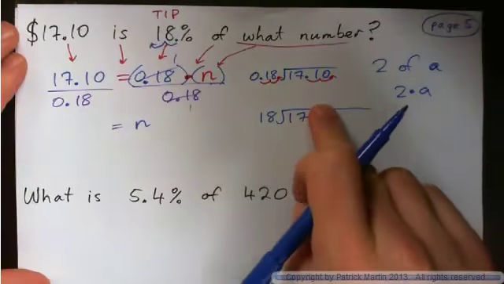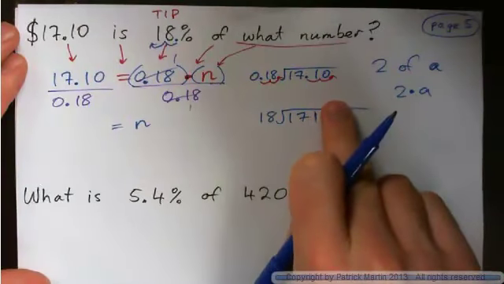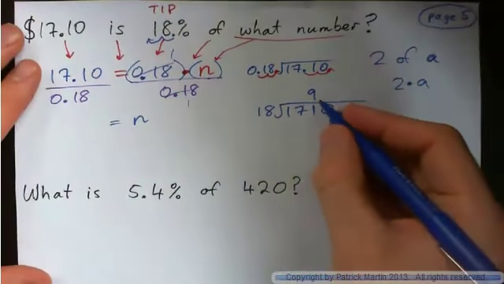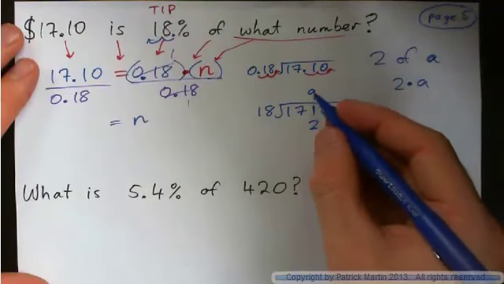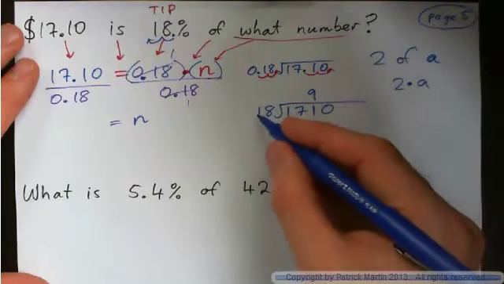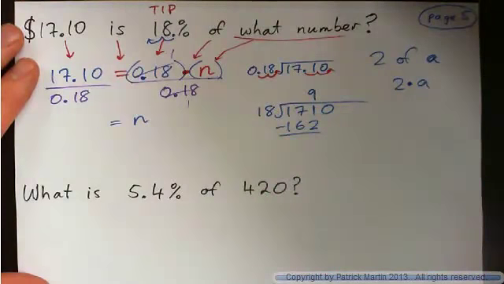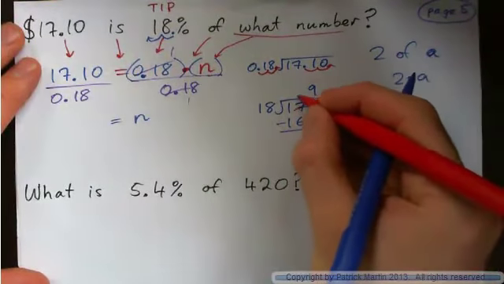18 into 17 won't go. 18 into 171. I'm going to try 9 times, I think. 9 times 8 is 72. Carry the 7. 9 ones is 9 and 7 is 16. Subtract. So that 7 becomes a 6.